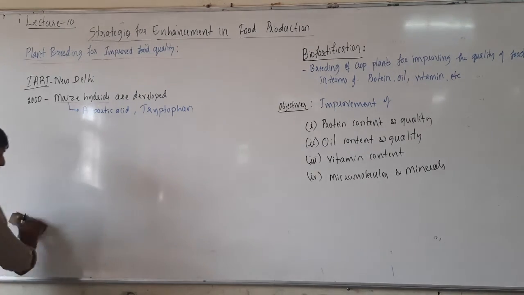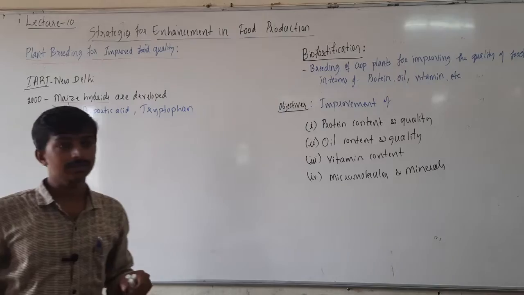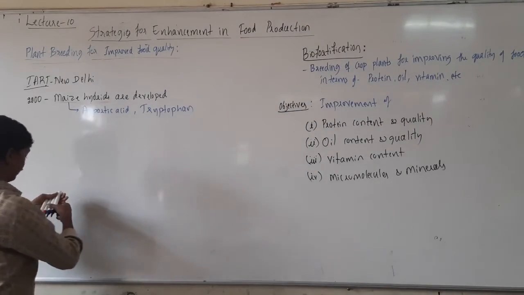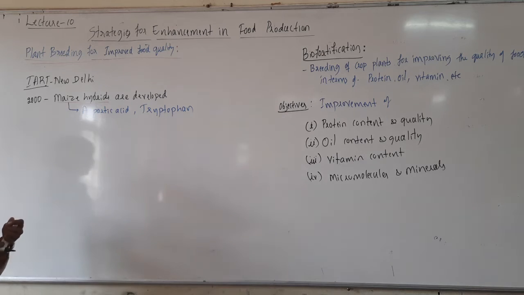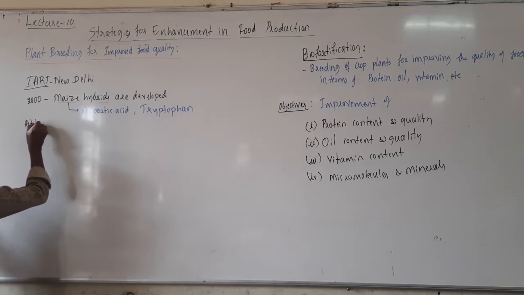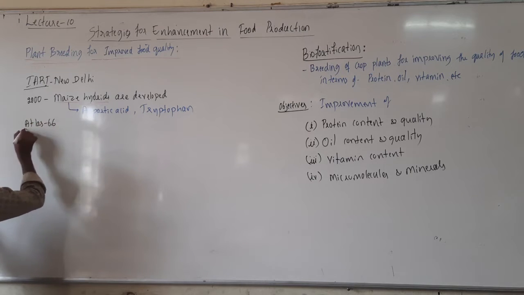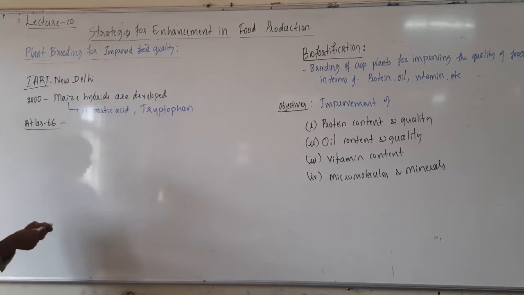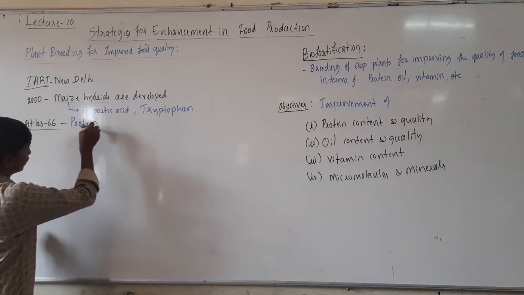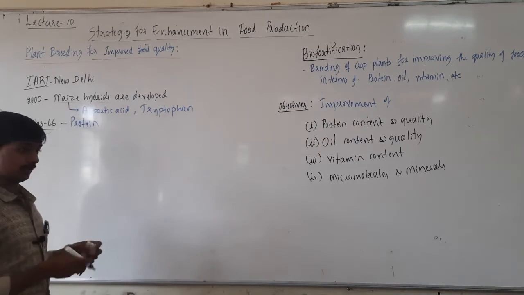So these maize hybrids contain more of these amino acids. And one variety of wheat, Atlas 66, contains a high amount of protein.